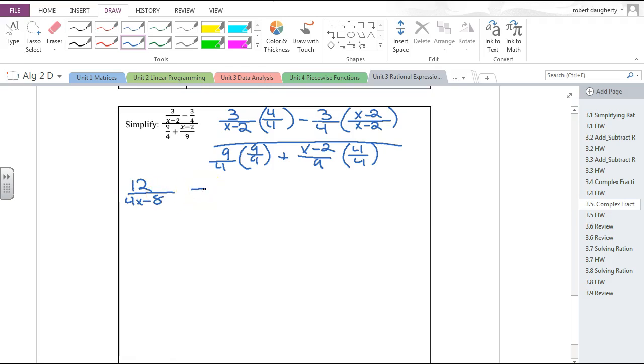Now what I would advise to do on the denominators, just try to leave them in factored form because that can help you later. So let's just leave this as 4 times x minus 2. If I've got something factored, let me just leave it as long as I can, except in the numerators, I'm going to combine those.